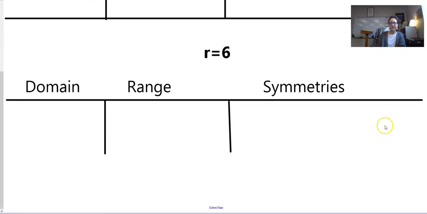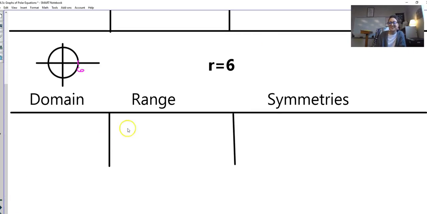Now, I'm going to force another pause on your screen. Let's do the same thing, but for r equals 6. For r equals 6, this is just a circle centered at the origin with radius 6. Would you say the domain is all real numbers or not all real numbers? And remember, domain is your angle, your theta. Can I use any angle?